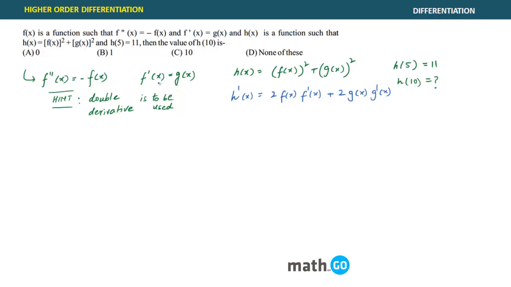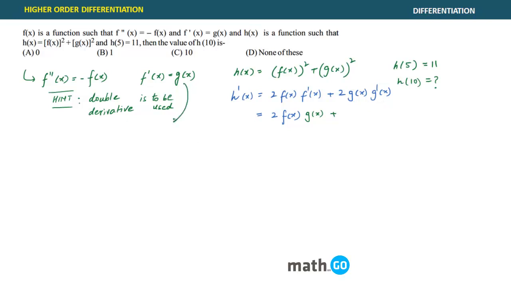What is f'(x)? f'(x) is g(x). So I can say this is 2f(x) and I replace the value here, g(x), right? Plus I also know g(x) a bit here, right? So now let us see, we need g'(x) here.